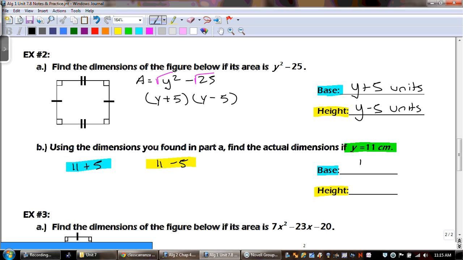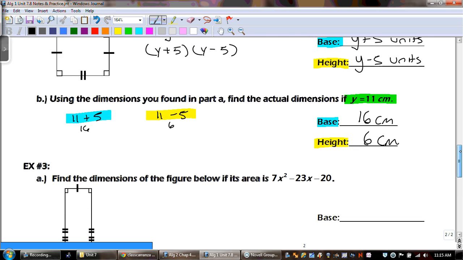So our base would be 16 centimeters, and then our height would be 11 minus 5, which is 6 centimeters. Okay, so remember we get 16 right there, and then that would be 6. Okay, let's move on.